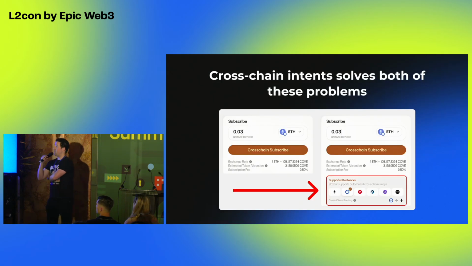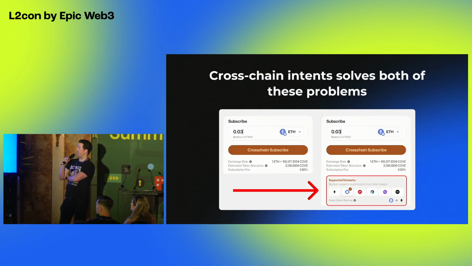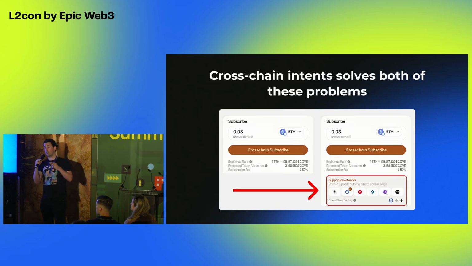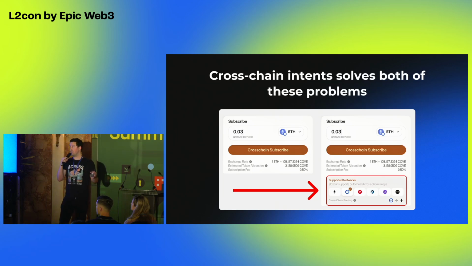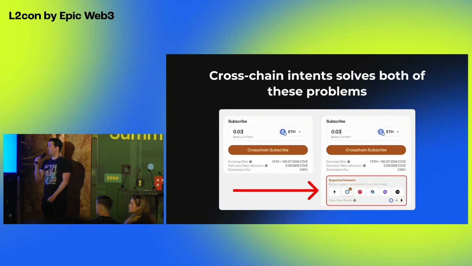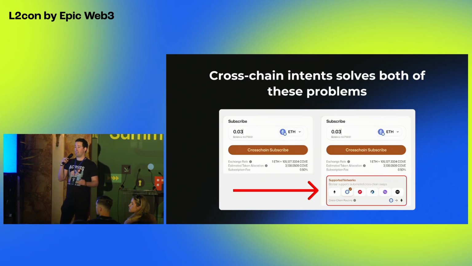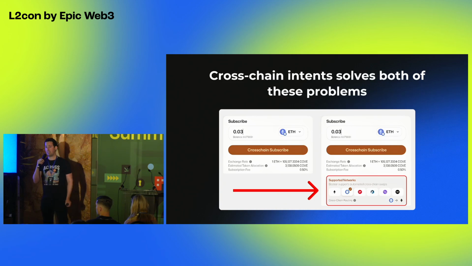The solution we've come up with at Across is Across Plus, and this is basically easily allowing DApps to recognize user balances across all different L2s, and then being able to execute in one click a bridge plus action. This is an example of a DApp that's integrated us.